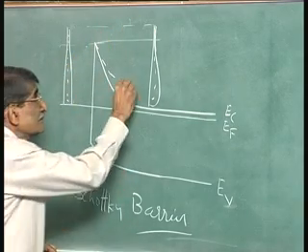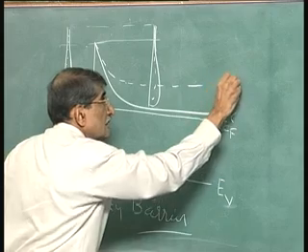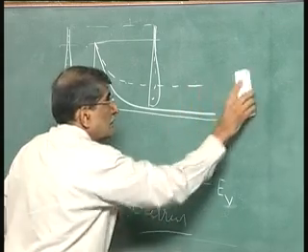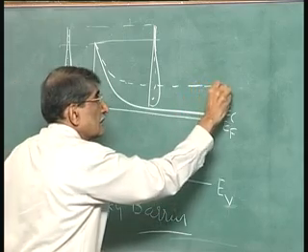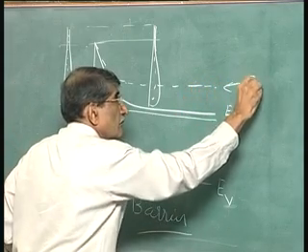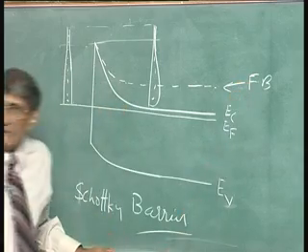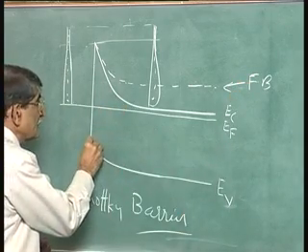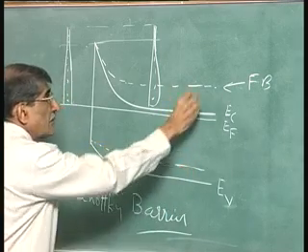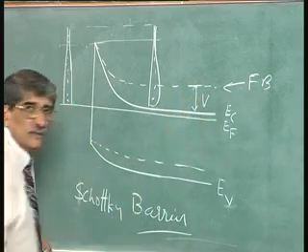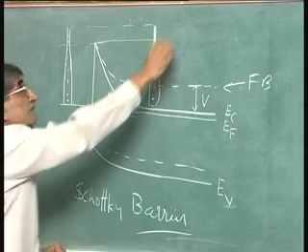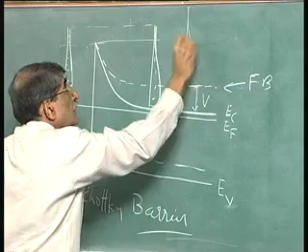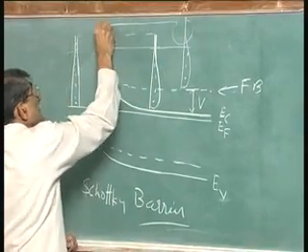When forward biased, the conduction band and valence band also go up by the same amount equal to V, the forward bias voltage. Now, this distribution goes up and you have many more electrons which are able to cross.